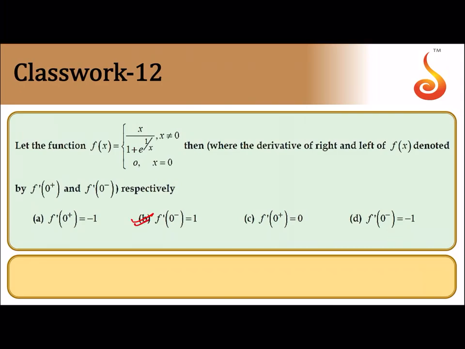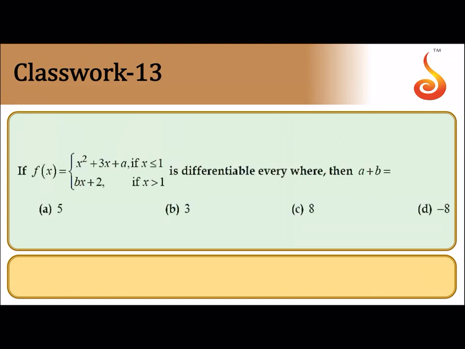This will be tending to 0 when x tends to 0 minus, as e to the power minus infinity will tend to 0. So option B is also correct and option C is also correct.